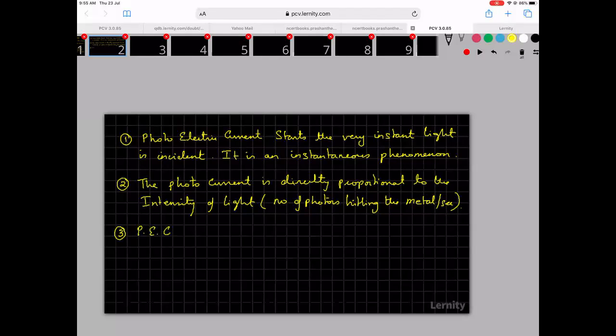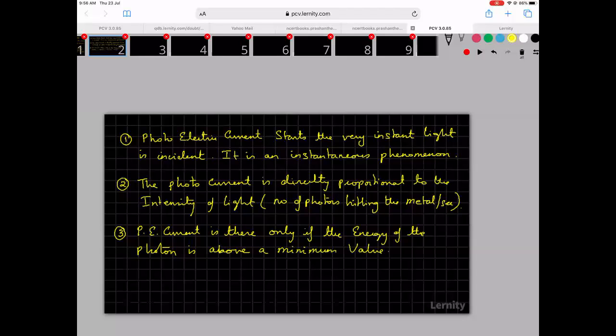Three, photoelectric current is there only if the energy of the photon is above a minimum value.